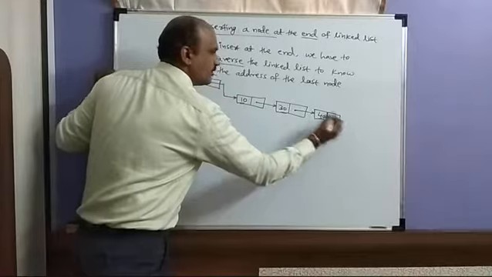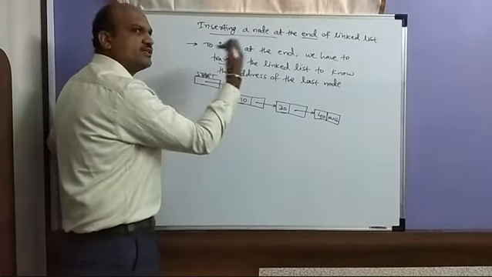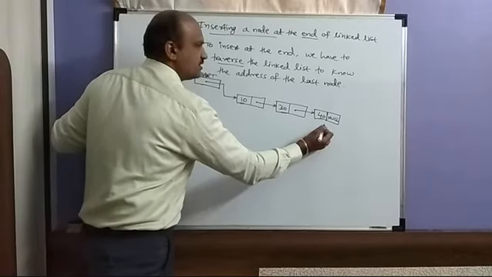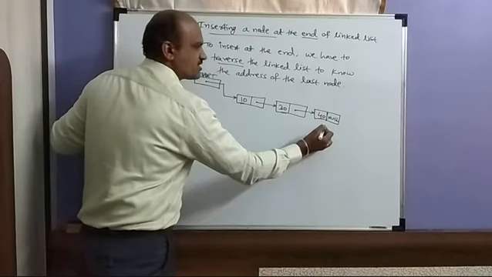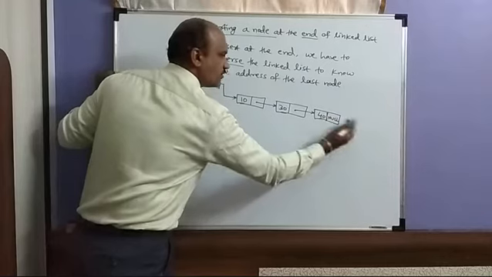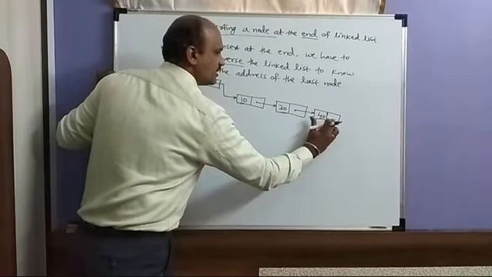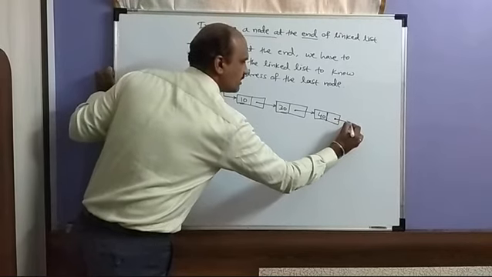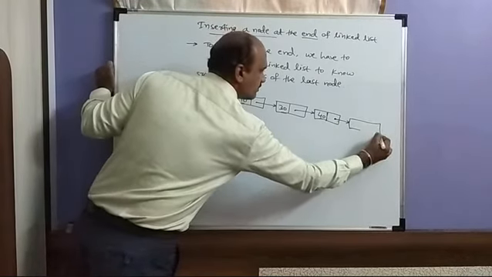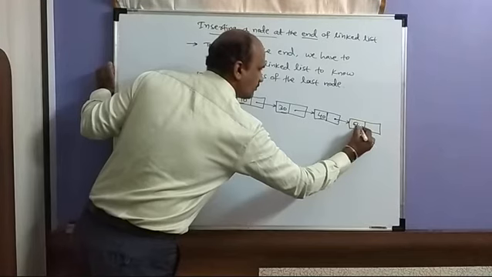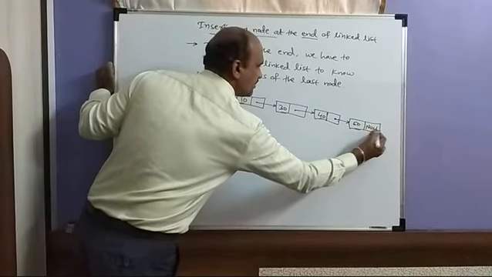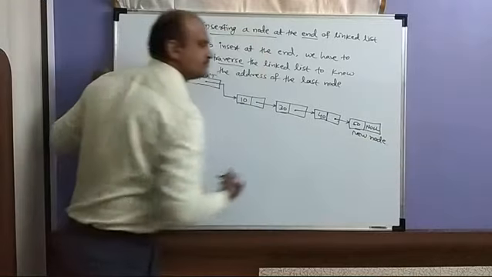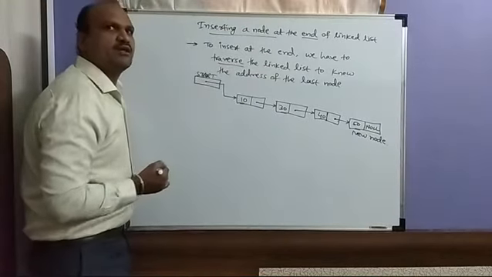Now we are inserting the node. It will traverse from this node to this node and this node, and conclude that this is the last node. Then from here you insert the new node, which becomes the last node. The link will be connected to the new node.